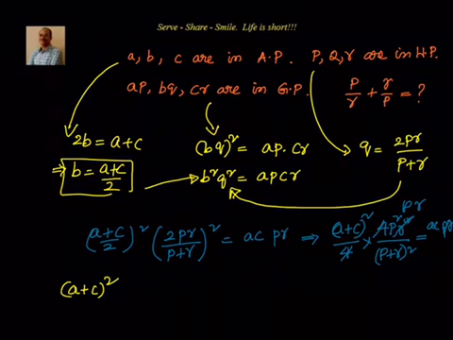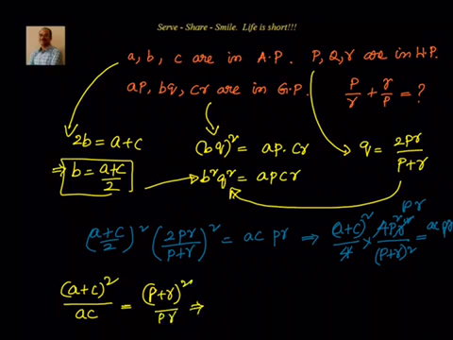We just want to get in terms of, if you understand this, this is nothing but P square plus R square by PR. So that means I need to have P plus R whole square so that I can expand this. I should be able to get this answer. That's why we are doing all these steps. So A plus C whole square divided by AC is equal to P plus R whole square divided by PR.